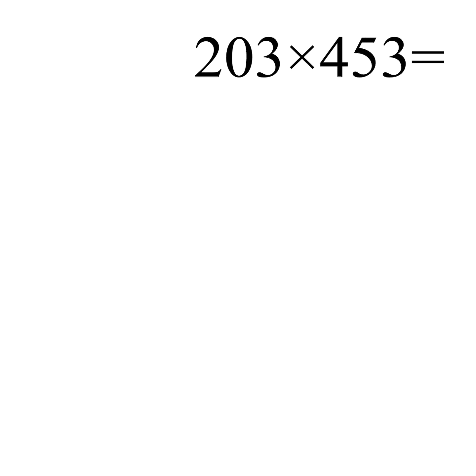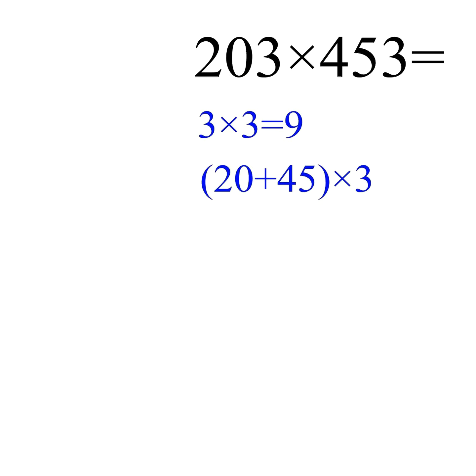Our next method is for when the ones places of our numbers are the same, as here. So here's the method. We first multiply 3 into 3, which is 9. Then we add the remaining numbers to each other and multiply the result into 3.